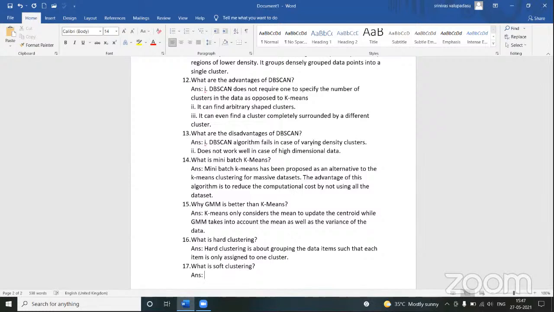For example, fuzzy clustering, in which a data point can belong to more than one cluster. In simple words, it is quite the opposite of hard clustering.